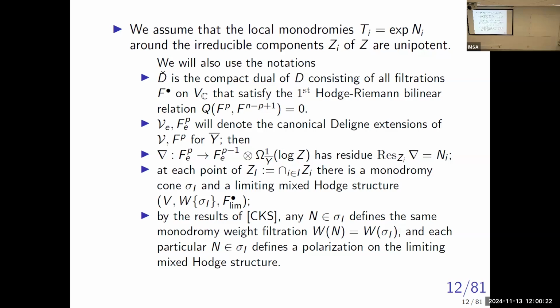So the eigenvalues are roots of unity. So some power of the monodromy is unipotent, just has ones on the diagonal. So it's essentially the exponential of a nilpotent matrix. So that's the local monodromy theorem, which the original proof was a curvature argument that I'll give later on in the talks.